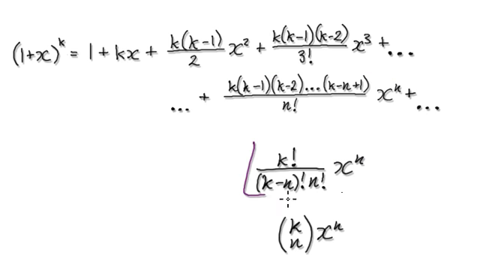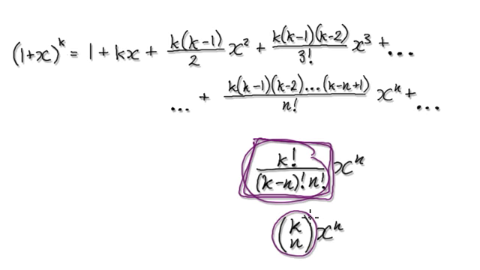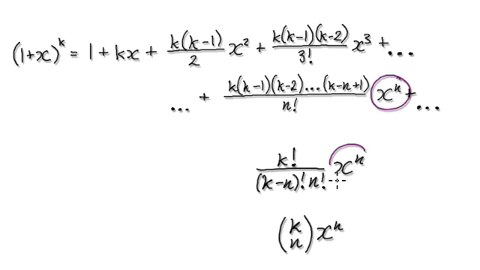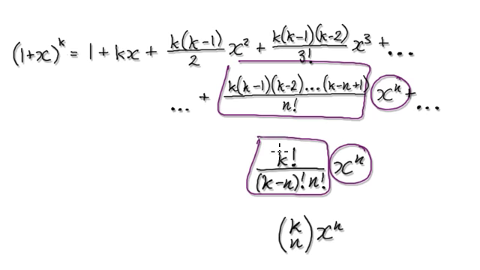And hopefully we've seen this in the past. Hopefully you would recognize it. This thing here is actually the same as this. And so for general x to the power of n, this coefficient here is exactly the same as this, which can be rewritten as this.